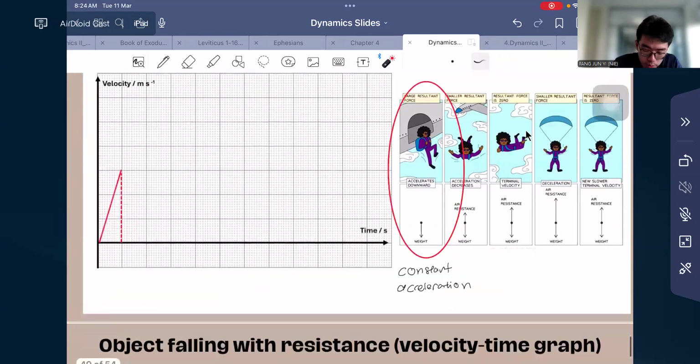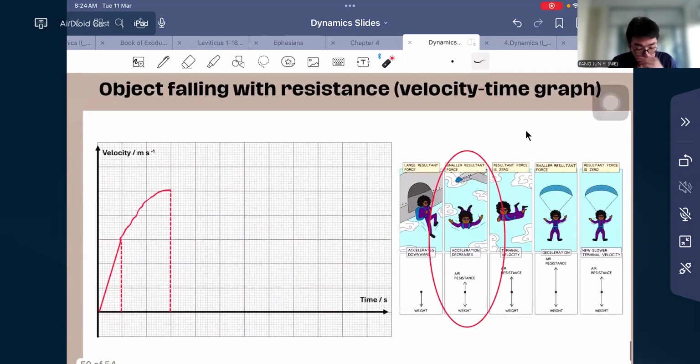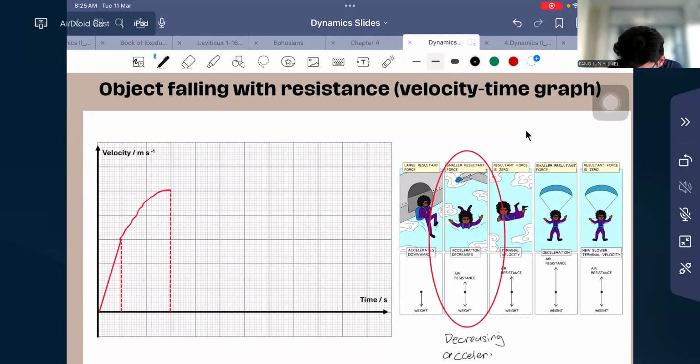And then after that, we go towards this part. So now we have a deceleration, not deceleration, sorry. Now we have a decreasing acceleration because of the air resistance.